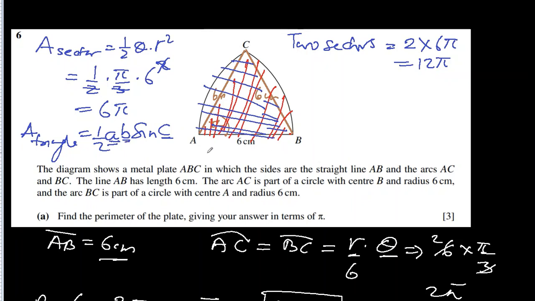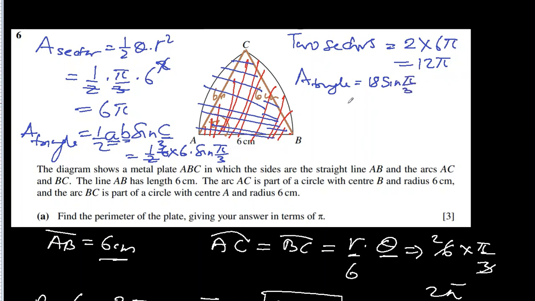So it will be half times 6 times 6, the angle between them is pi by 3. The 2 can cancel with this 6, and 3 times 6 is 18 sine pi by 3. So the area of the triangle is 18 sine pi by 3.